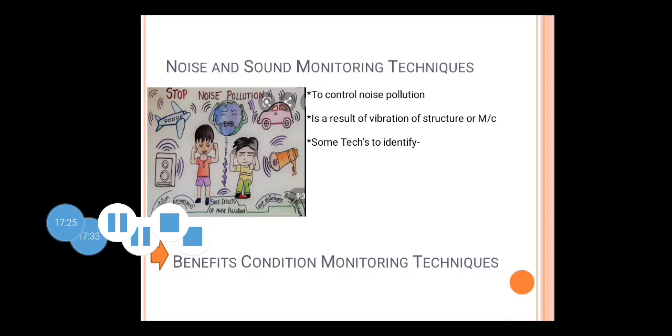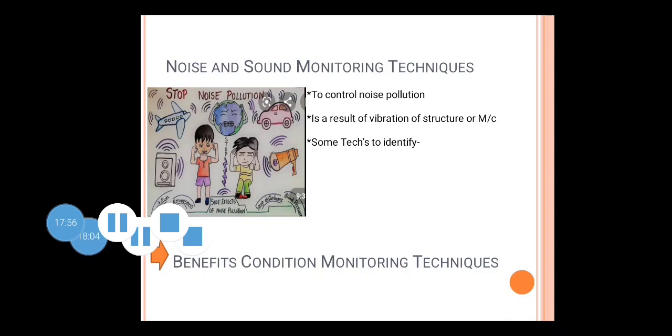So we can avoid damage and be free from hazardous things. Fire catches can be avoided by adopting this kind of monitoring technique. Next, we may avoid great losses. Because of so many reasons, we can avoid these kinds of defects by adopting these techniques. We can avoid the great losses occurring in the future.